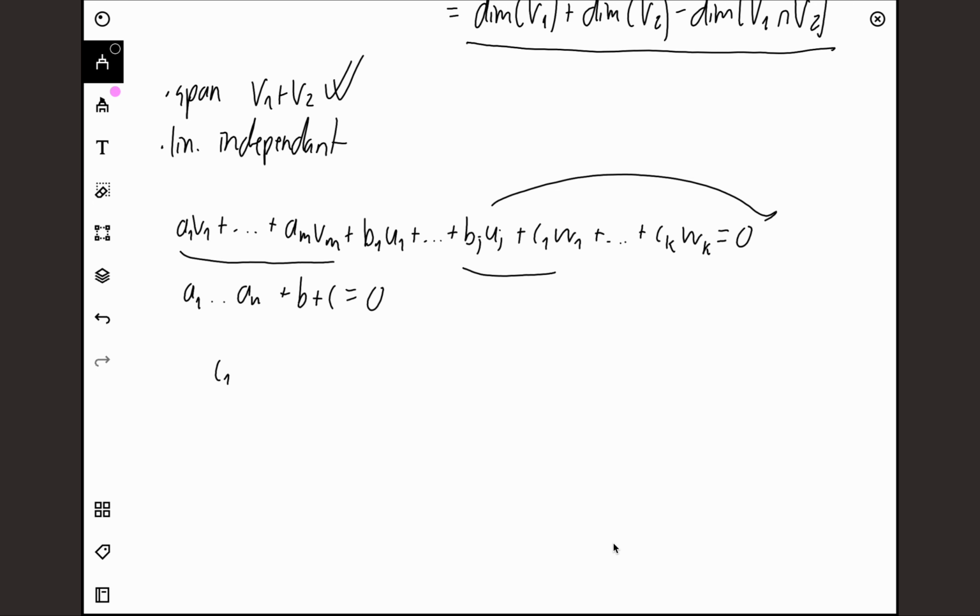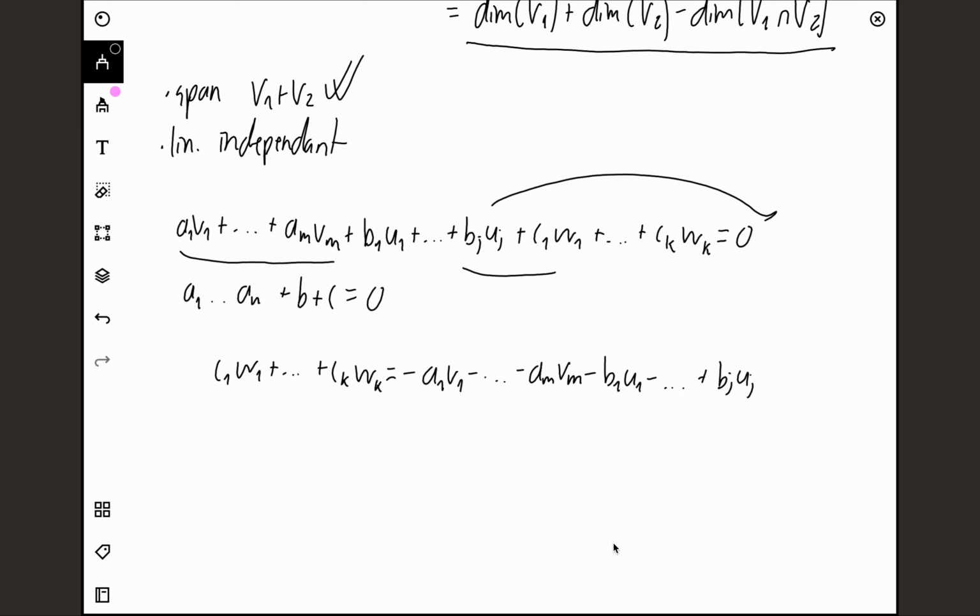So we can say that c1 w1 plus up to ck wk equals negative a1 v1 minus up to am vm minus b1 u1 minus up to bj uj. So we just put all the other vectors on the other side.